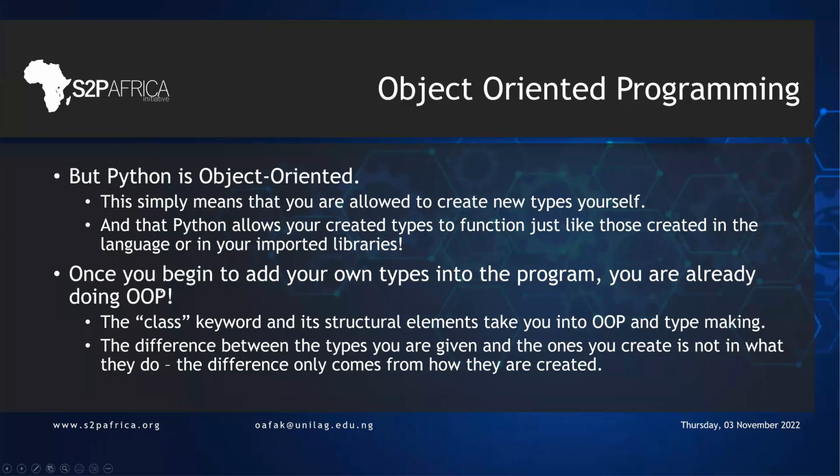The class keyword is the primary way in Python to create new types. The words class and type are used interchangeably. Usually, the types that are created by the computer are called types. The ones that you create yourself are called classes. But essentially, the words are interchangeable. They are essentially the same.